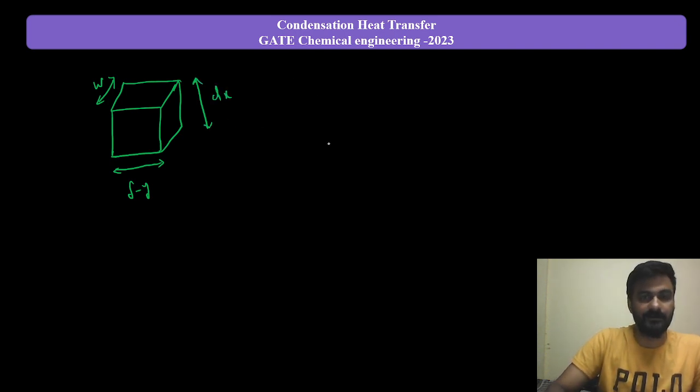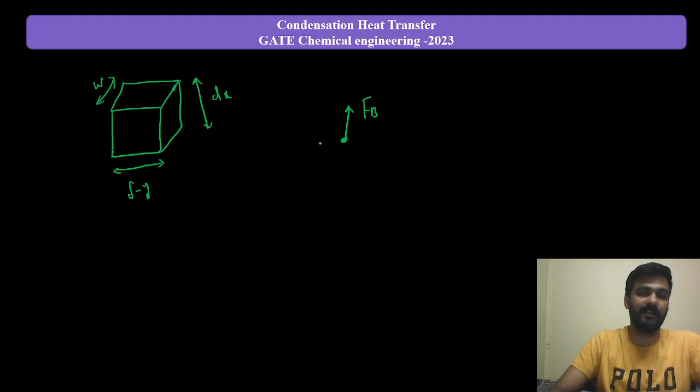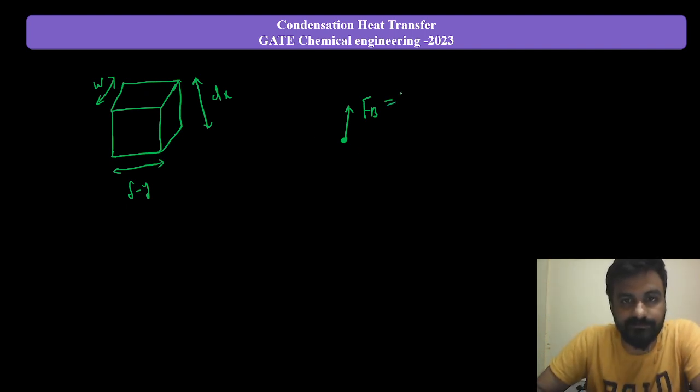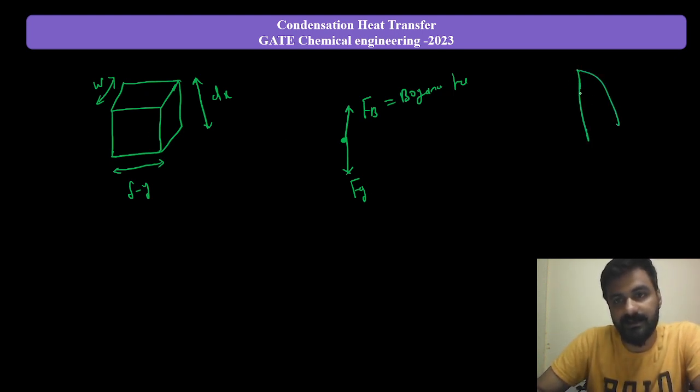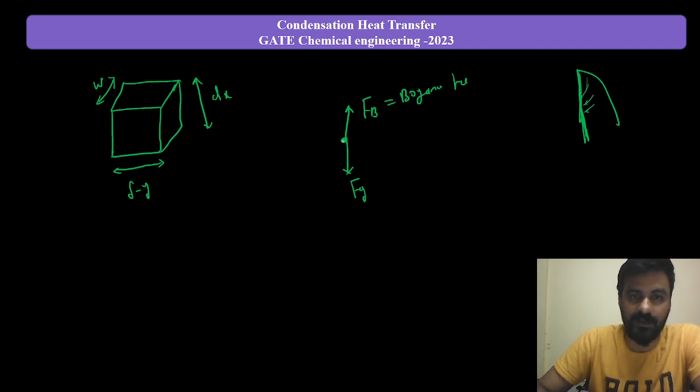Since vapor will be coming, this element will experience a buoyancy force, and due to gravity it will experience a gravity force. And since this layer is getting deposited on this surface, this liquid layer will experience a shear force due to the wall, right? The shear force will be in the opposite direction, right?